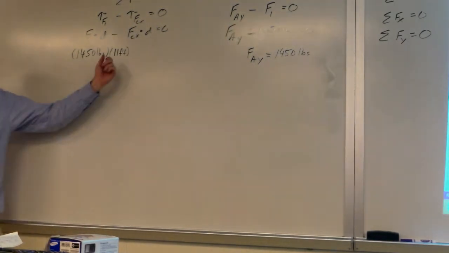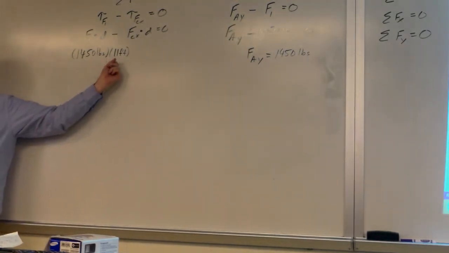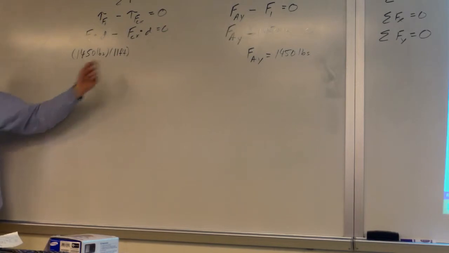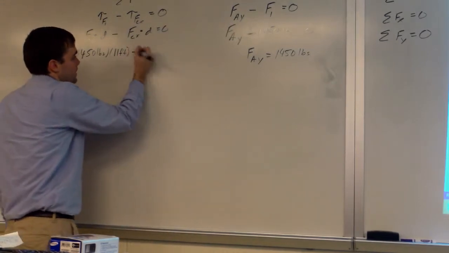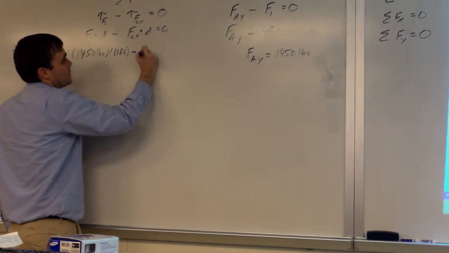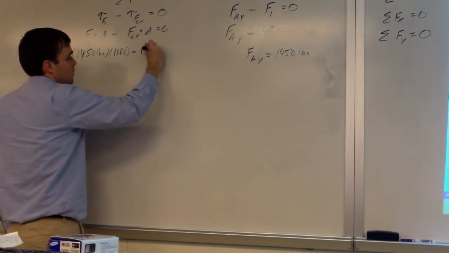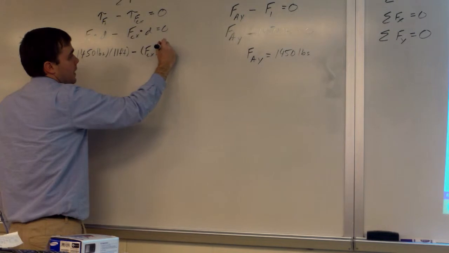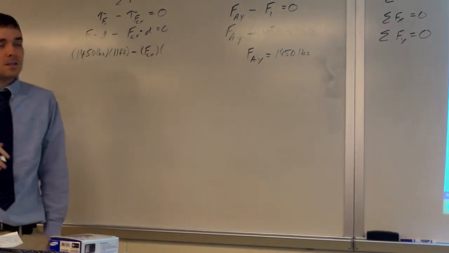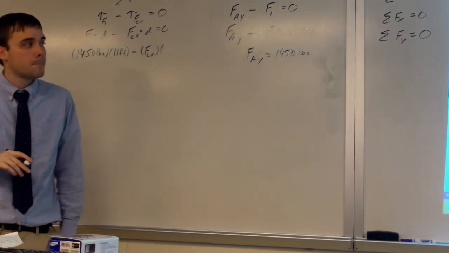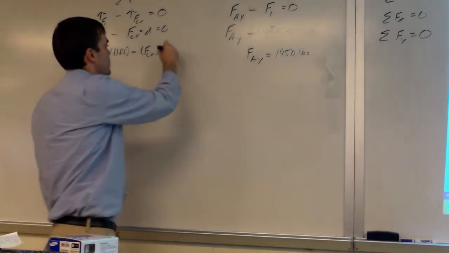Any questions on that 11 feet right there? Why we use 11 feet? Okay. And we do minus FCX, which is what we're looking for, times what's FCX's perpendicular distance to the pivot point? Y1, which is 9.